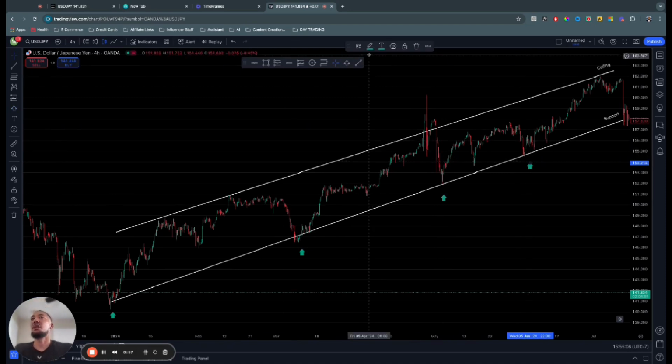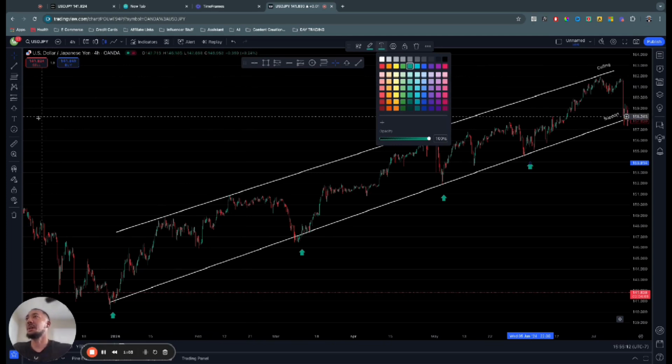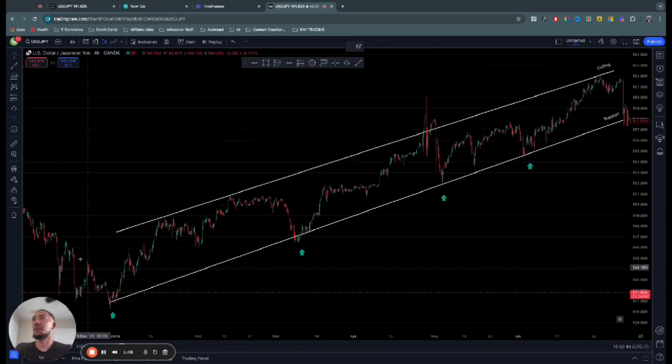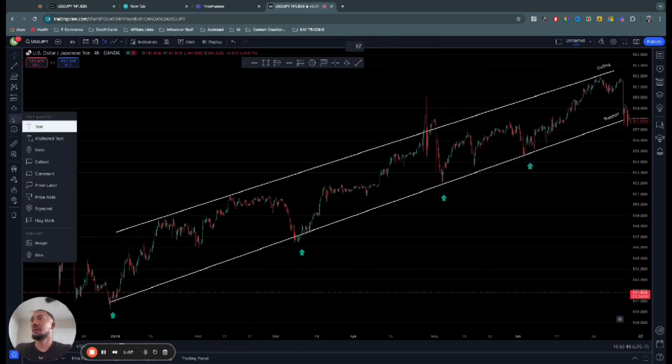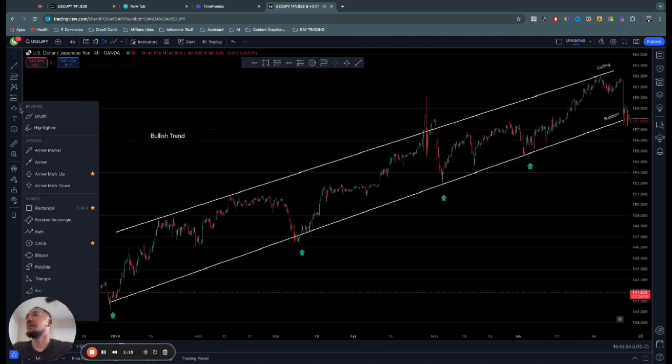Okay. So this is a serious bullish trend. Bullish meaning it's going up and to the right. So I'm going to type in bullish trend.